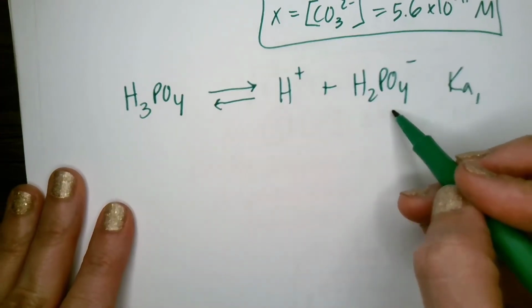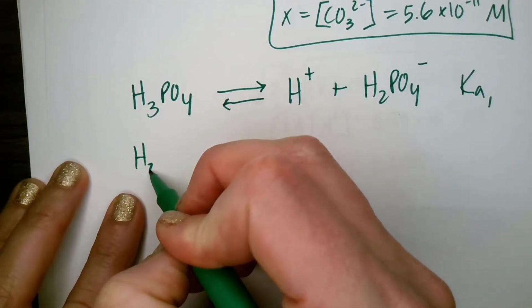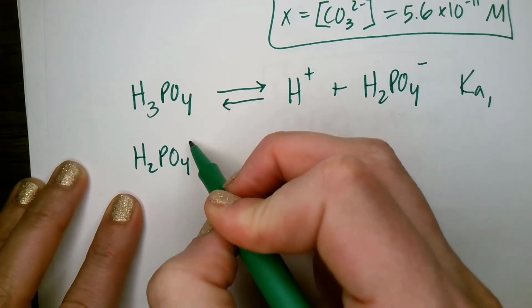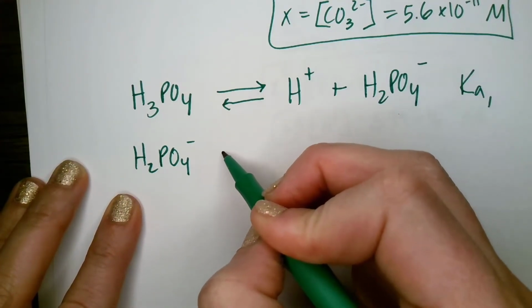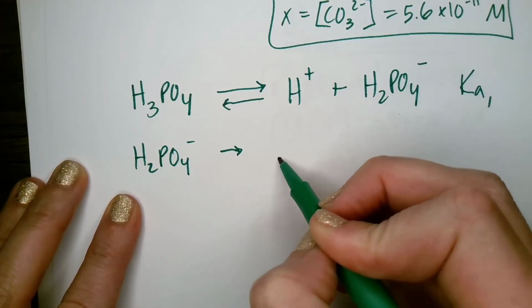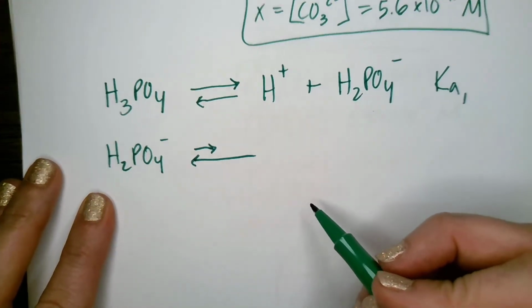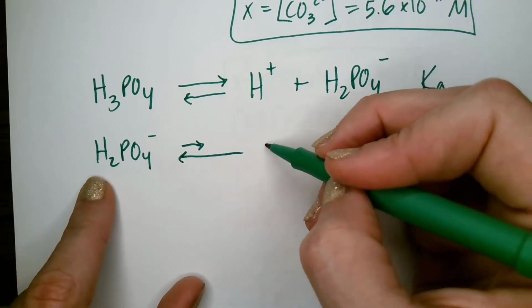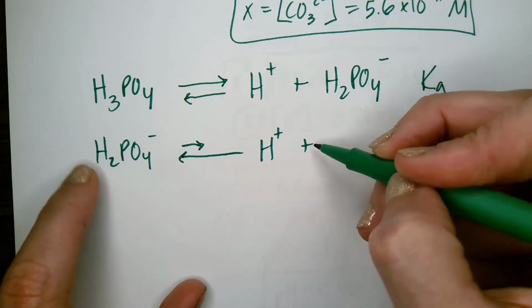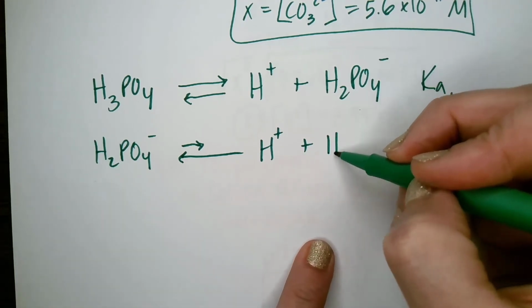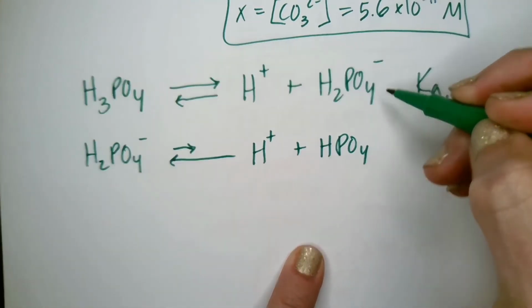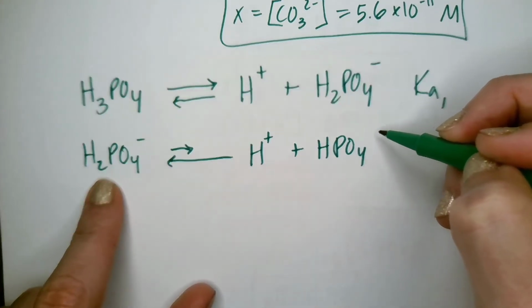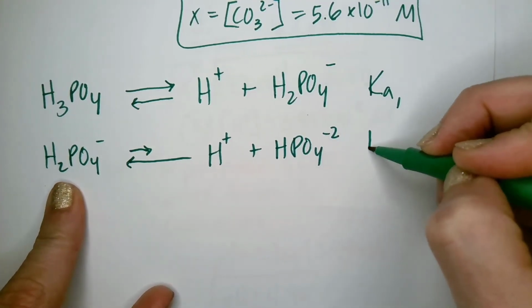All right, so if I wanted to pull off another hydrogen, another proton, I would start with my H2PO4 minus, and my equilibrium would look a little bit more like this. And I would pull off my H plus again, and then I would only have one HPO4.